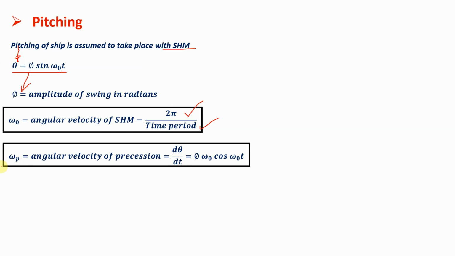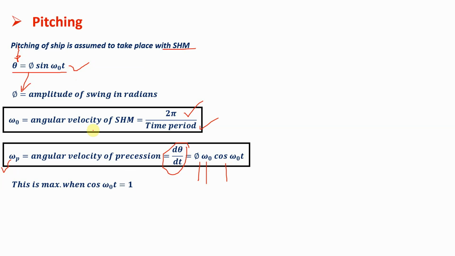Omega p is the rate of change of angular displacement of the ship during pitching. We call it as precession velocity, which is time derivative of angular displacement theta. So when we differentiate this equation, theta is equals to phi sine of omega naught t, we get phi omega naught cos of omega naught t.